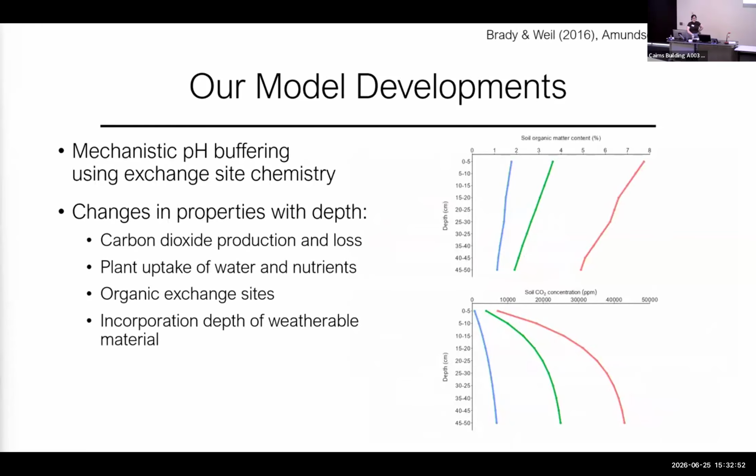We've also had various properties change with depth over our profile, including CO2 production and loss, plant uptake of water and nutrients, our organic matter exchange sites, and incorporation of the material.